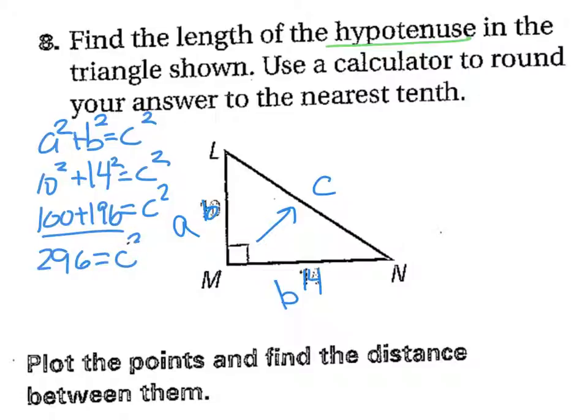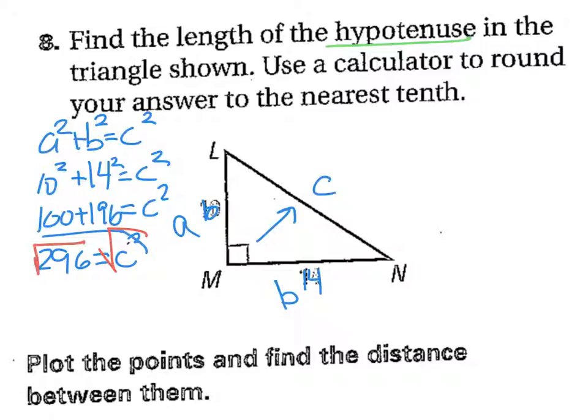So now in order to solve for C, you've got to take the square root, because that means there are really two C's there. You've got to get rid of them. So to do that, those will cancel.